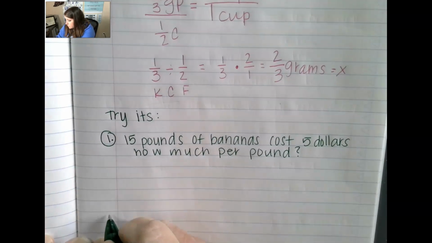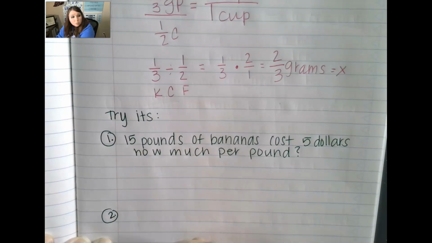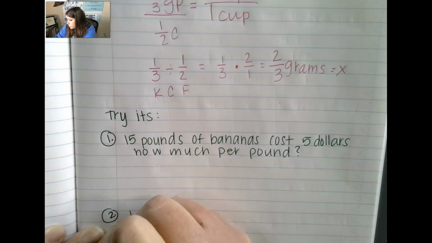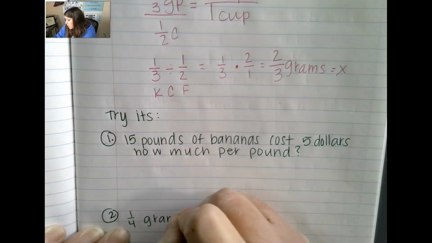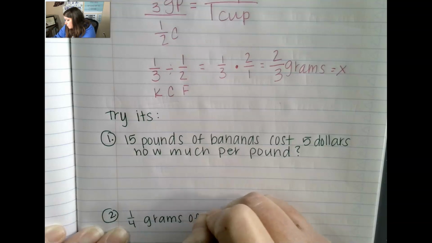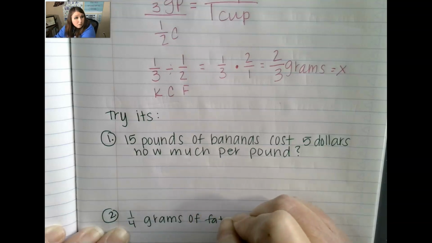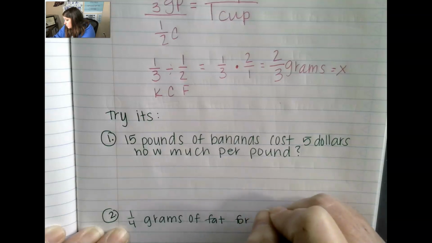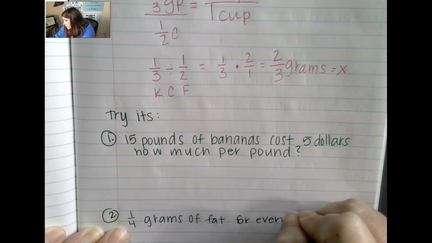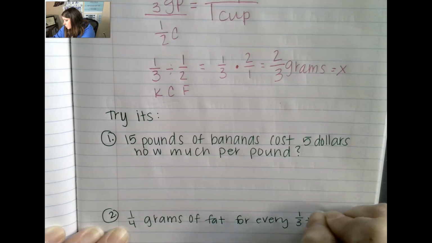Question number 2. It says that there are 1/4 grams of fat for every 1/3 tablespoon of peanut butter.